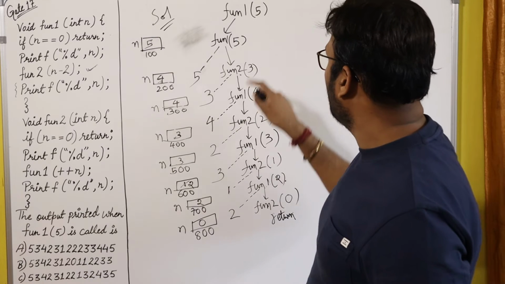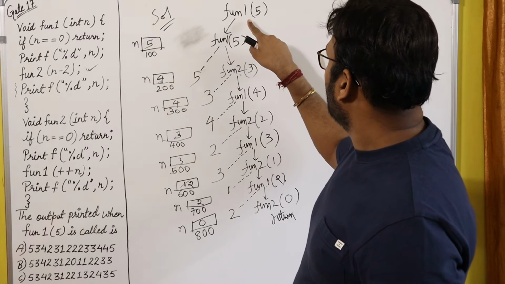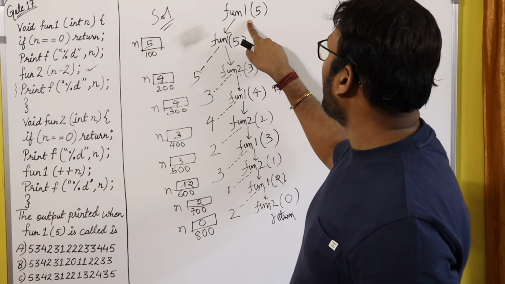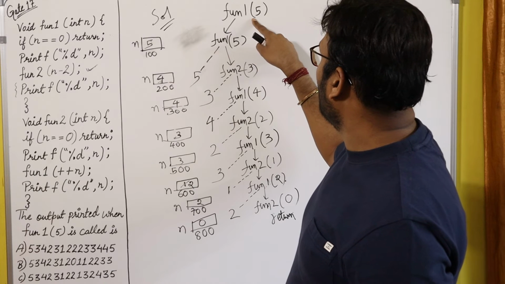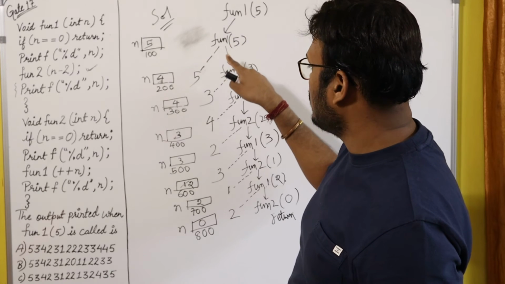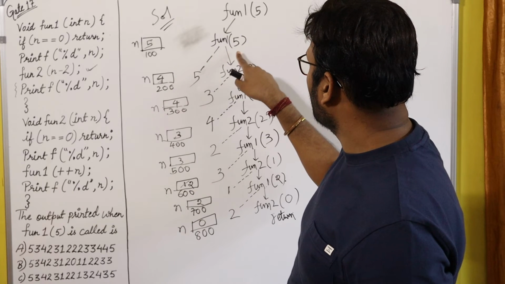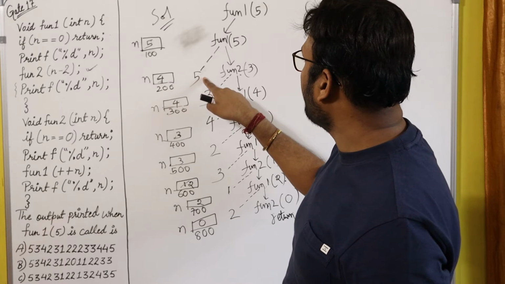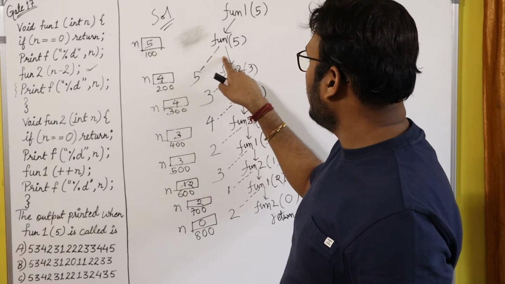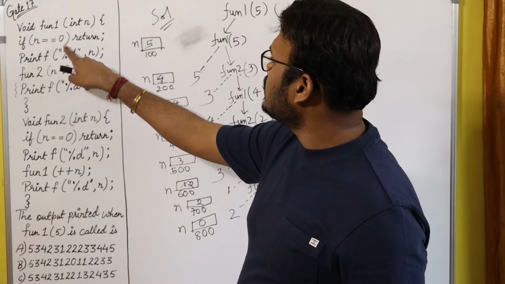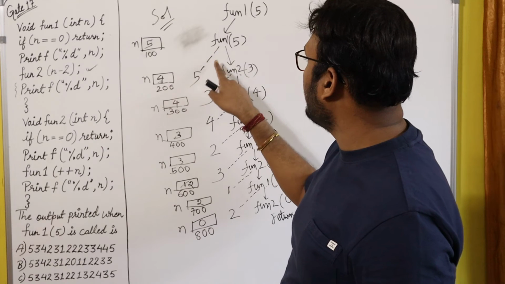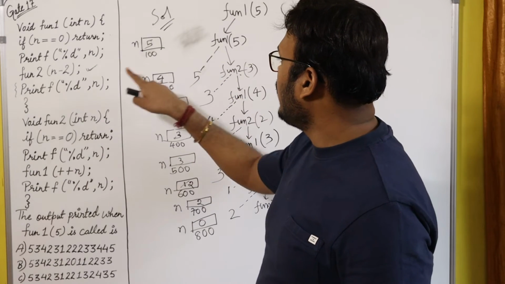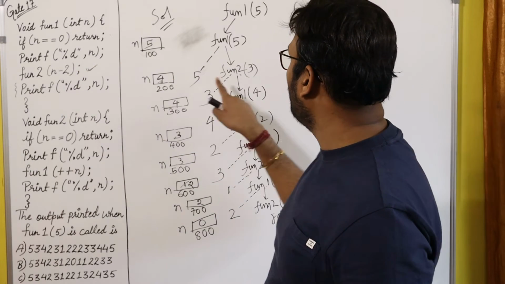You can see here in fun1 what we were doing. Initially we were checking the condition. After that we were printing the value, and after that we were calling function 2.